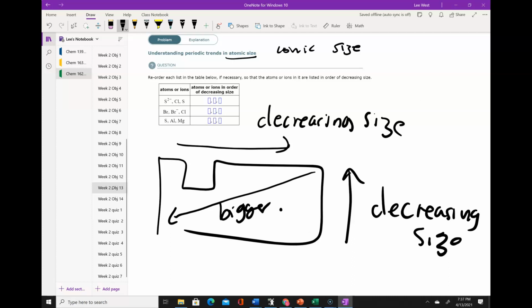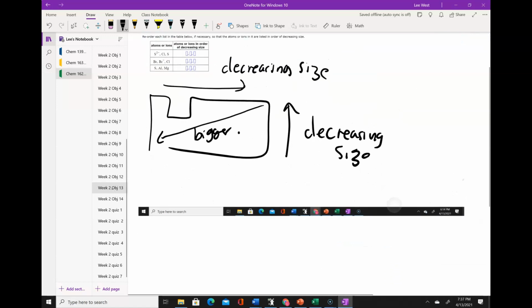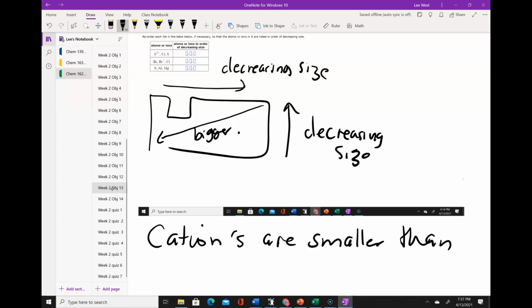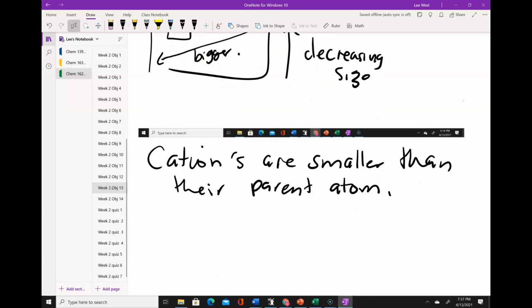Now there are a couple of other things to keep in mind. When we make a cation, we remove electrons, so cations are smaller than their parent atom, right? Because you're taking something away from the parent atom.